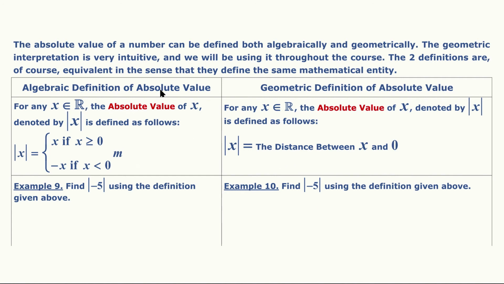So the algebraic definition of absolute value says for any real number x, the absolute value of x, denoted by of course, x with 2 bars around it, is defined as x itself if x happens to be non-negative. You have to be very careful here.